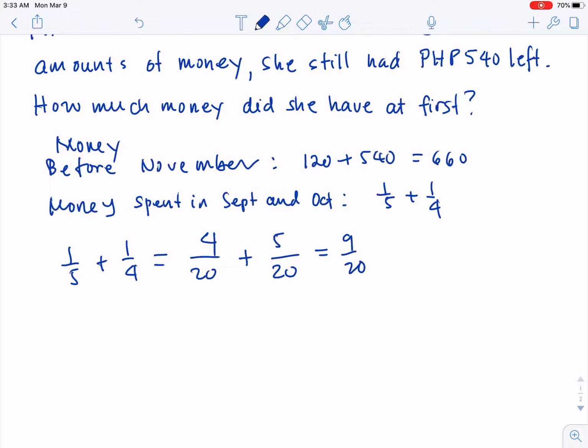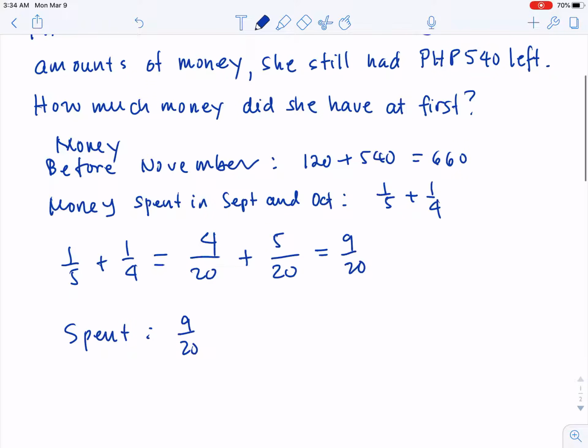Now, 9/20th of the amount, no, ang na-spend natin, di ba? So, spent ito. So, ang spent natin, ay 9/20th of the original amount, no? And, meron pa tayong natirang before November, 9/20th ng amount yung na-spend natin.